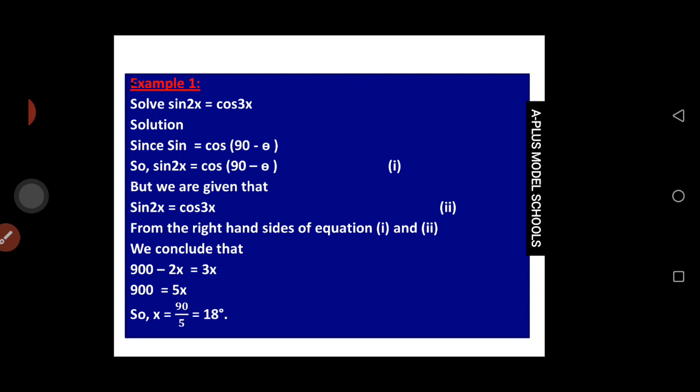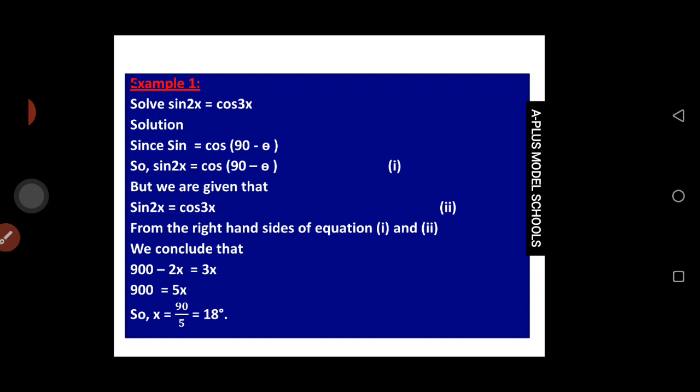Don't forget, that will be the formula. But we are given that sine 2x is equal to cos 3x, which is equation 2. So combine equation 1 and 2 together, where equation 1 is sine 2x equal to cos of 90 degrees minus theta. I told you, if you want to get the complementary angle of the other angle, you subtract the angle from 90 degrees.